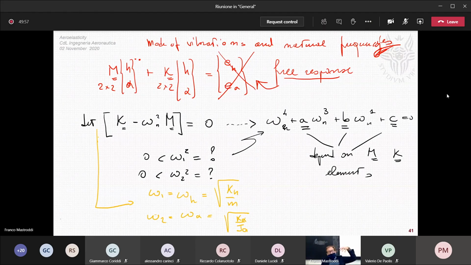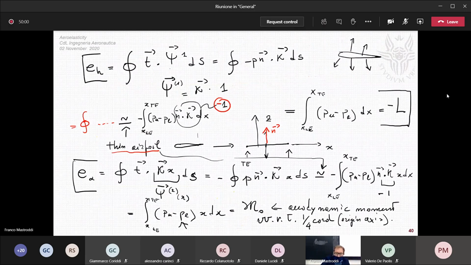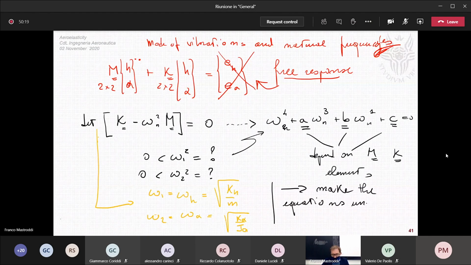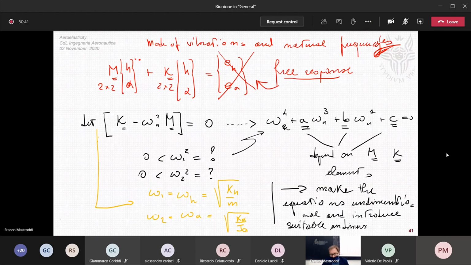Straightforwardly, we can nondimensionalize the system. The next final step is to make the equations nondimensional and introduce suitable nondimensional groups for characterizing our system.